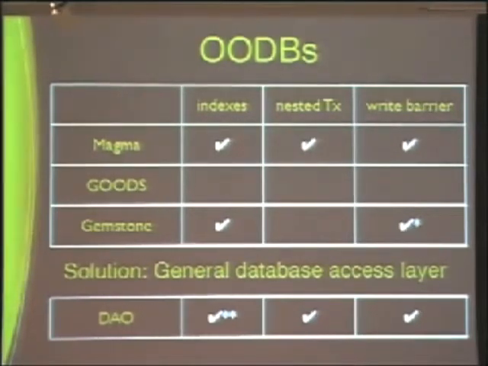Without changing anything in our application, by just changing this database access layer, which we designed when we thought we were going to use Magma forever, we're able to keep the changes local to that layer. So we have one specialization for Magma, one for Goods, one for GemStone. And there we put everything in.